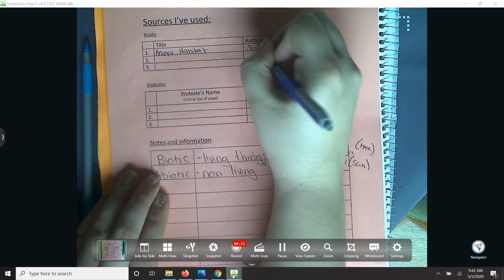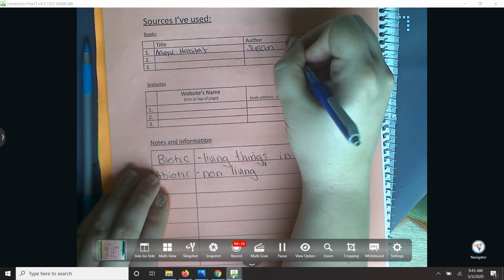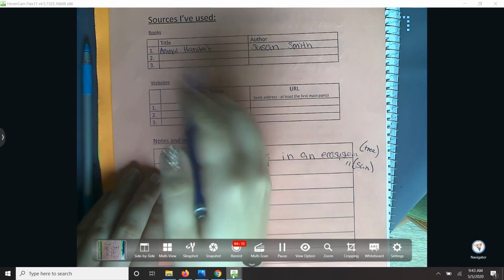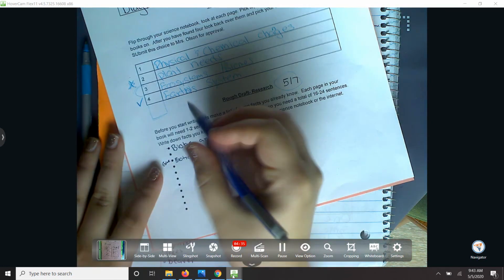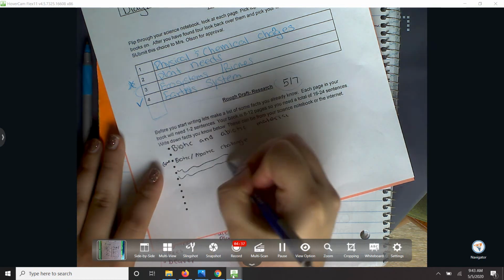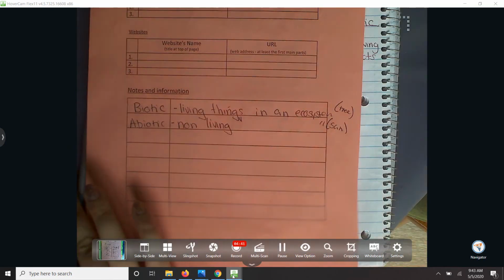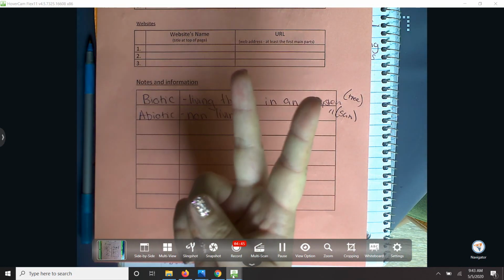Her name, let's pretend, is Susan, last name Smith. I'm making this up if you can't tell. So I found this book, I read it at my house, I got a couple more facts, so it's like, fact 1, fact 2 from my book, and then I'm like, well, I know a lot, but I don't know everything.